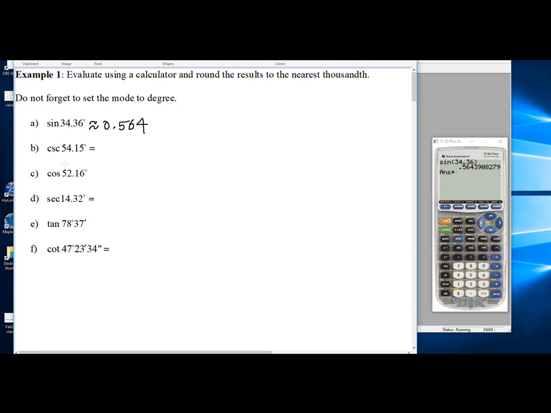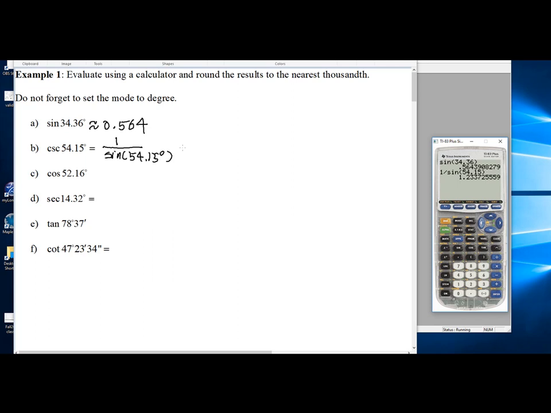When it comes to cosecant, it is not one of those built-in functions. So you would use the reciprocal identity, 1 over sine. You would enter 1 divided by sine 54.15 degrees.